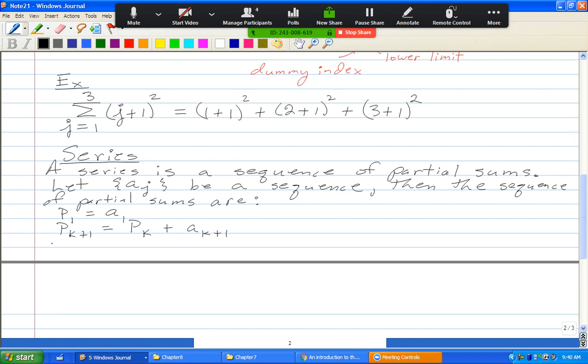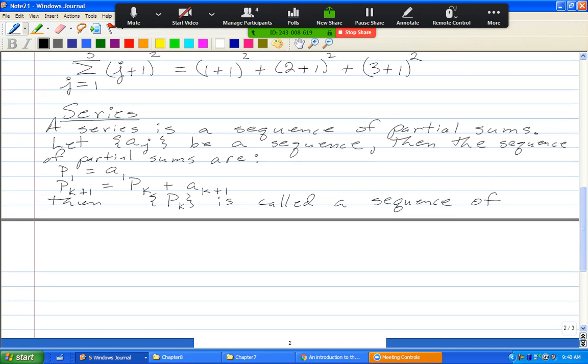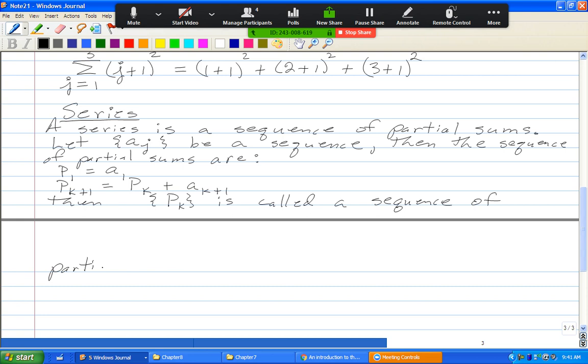Then this sequence here is called a sequence of partial sums. And we call that sequence of partial sums a series.